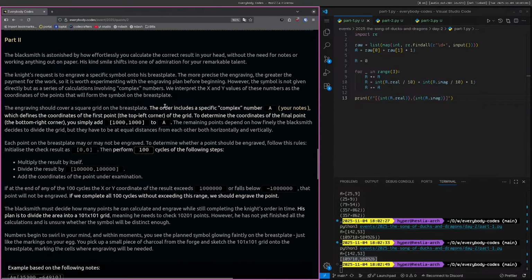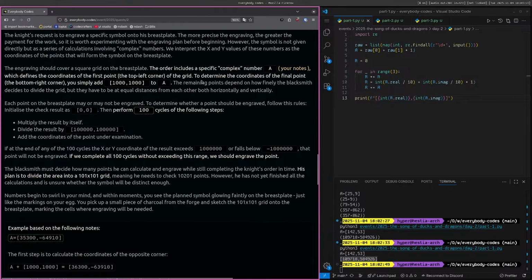Part 2 says that we have a grid and A now defines the top left corner and the bottom right corner is 1,000 above that. Okay.